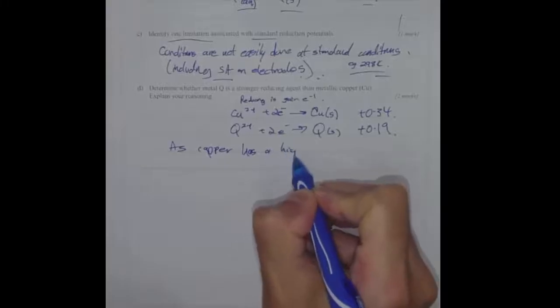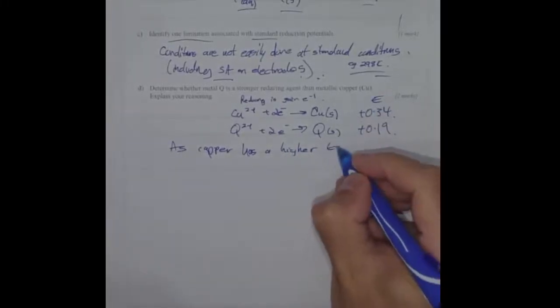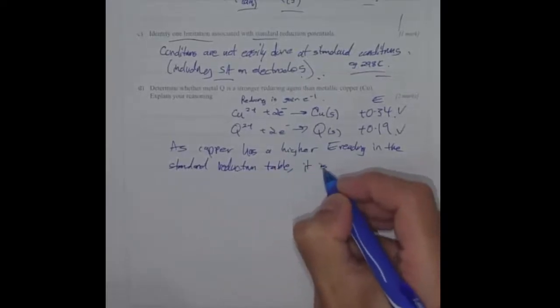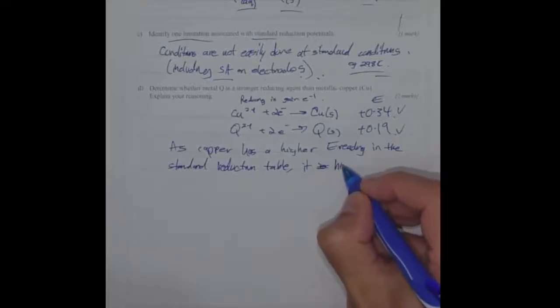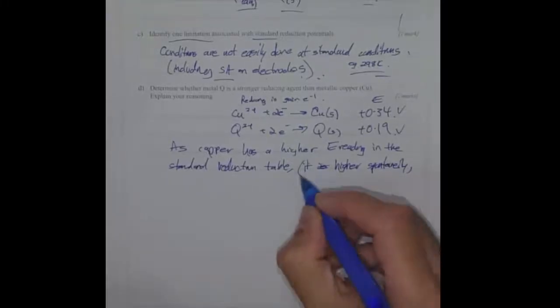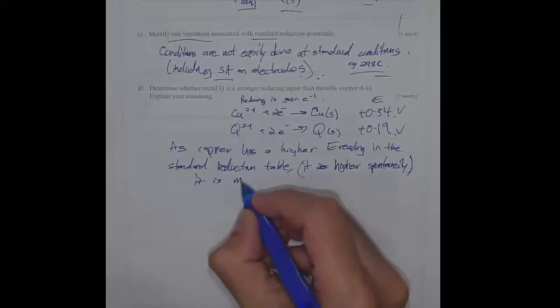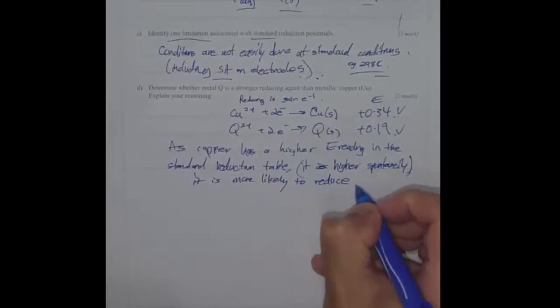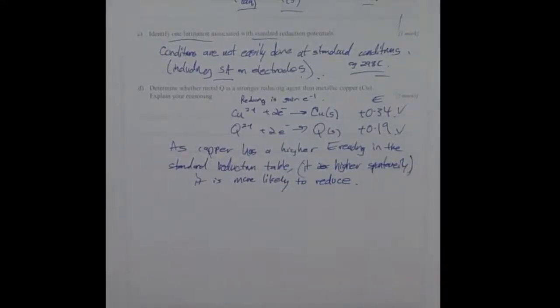As copper has a higher E reading in the standard reduction table, it has a higher spontaneity, or it is more likely, just keep it simple, to reduce. Only 2 marks, there's 4 things there. What do we got?